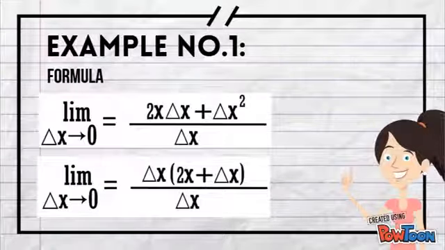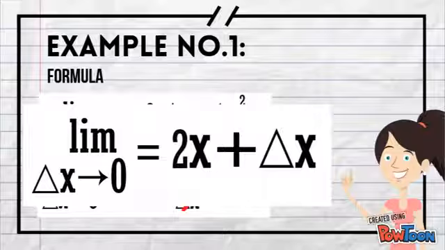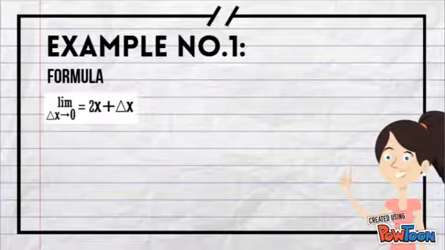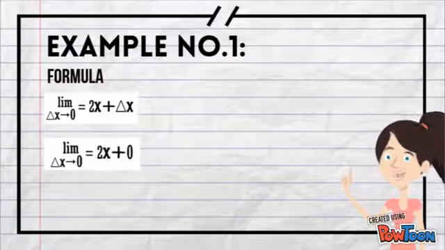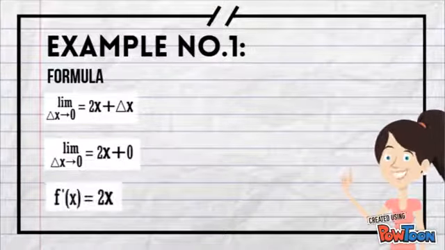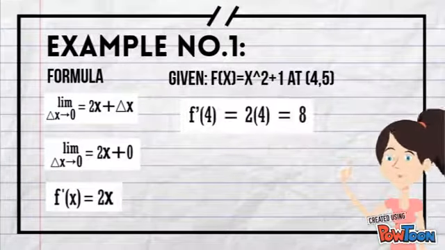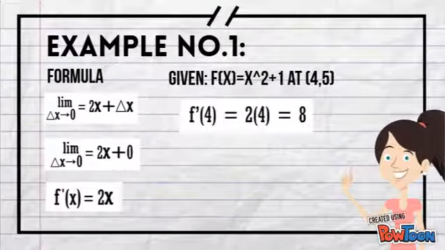Factoring out delta x and cancelling it will result in 2x plus delta x. And then we substitute delta x for 0, which we will cancel to get the derivative 2x. And then we plug 4 into 2x, leaving us with 8, which is the slope of the tangent line.